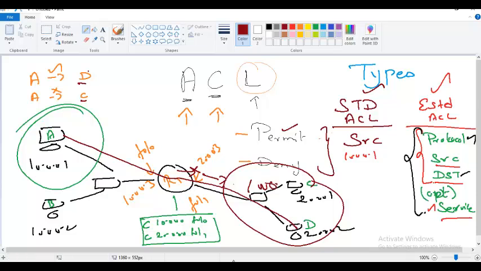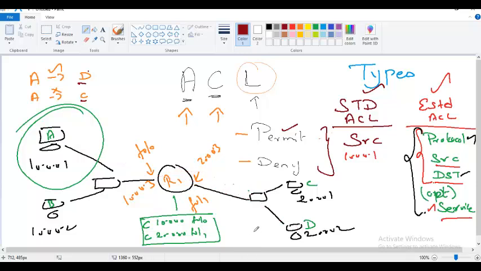So when do we need extended access list? Whenever you have the destination to match, you need extended access list. Let me quickly do this small lab first.